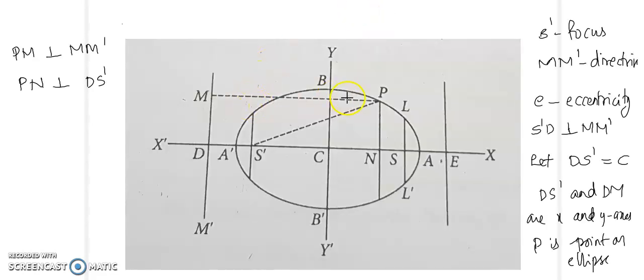So the distance from the point P to the focus and its ratio with the distance to the directrix will be equal to E. അപ്പം നമ്മൾ P എന്ന് പറയുന്നതാണ് എലിപ്സിലെ പോയിന്റ് എടുത്തിരിക്കുന്നത്. അപ്പോൾ this distance S dash P divided by PM will be a constant, so it will be the eccentricity.